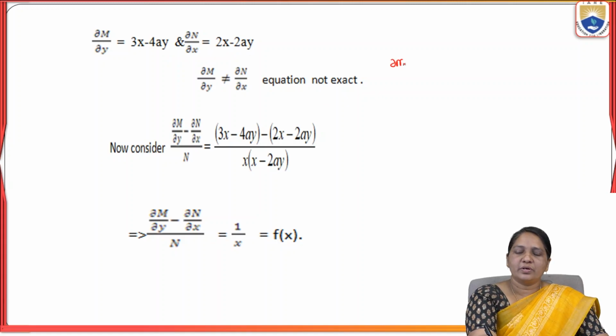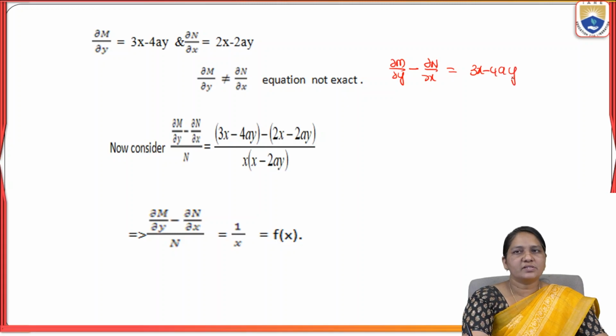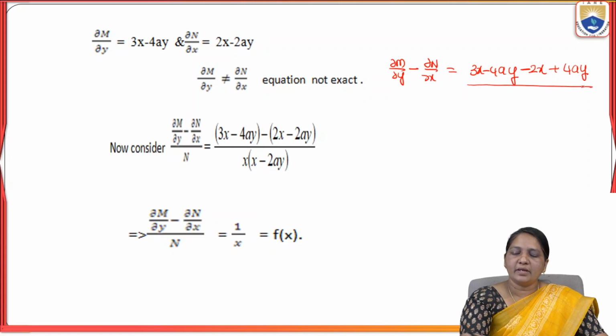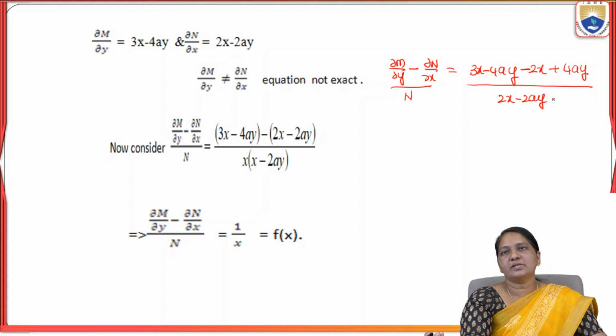So ∂M/∂y minus ∂N/∂x is 3x minus 4ay minus (2x minus 2ay), divided by the N value, which is x square minus 2axy.